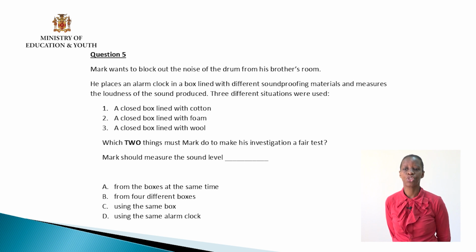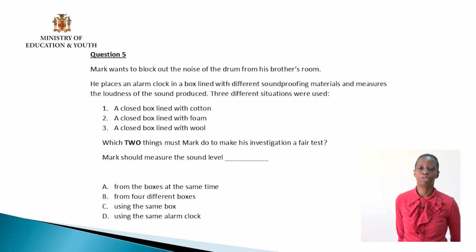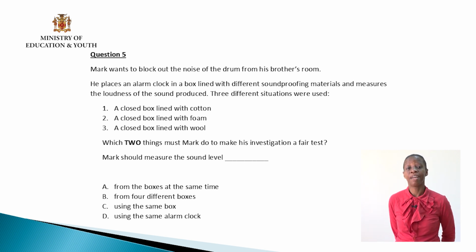What 2 things should he do to keep his investigation fair, to make it a fair test? So you may remember that in a fair test, what must we always try to do? In a fair test, you're only supposed to change 1 thing at a time, and you keep everything else the same.